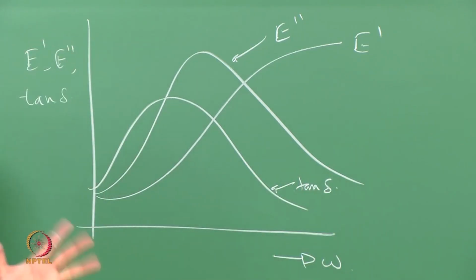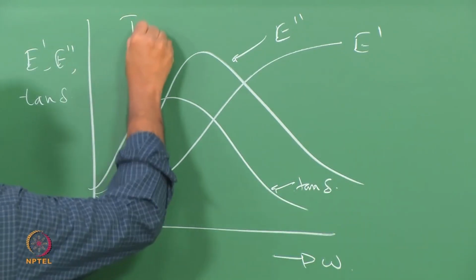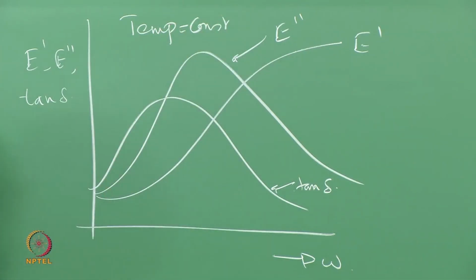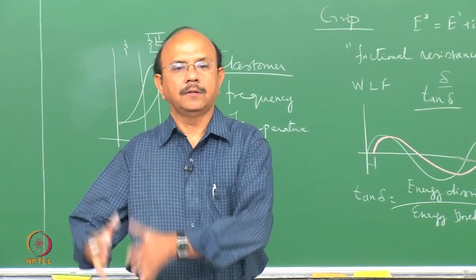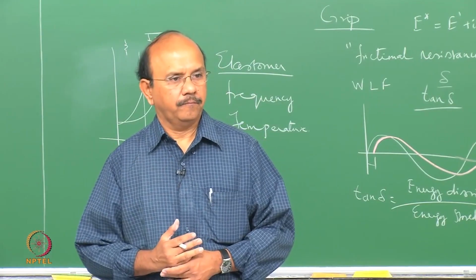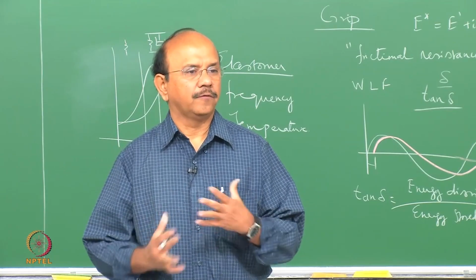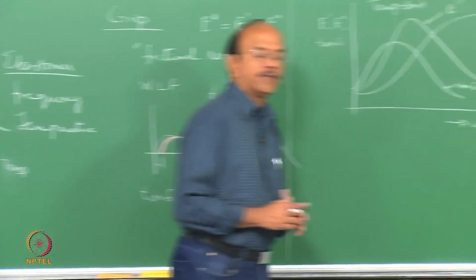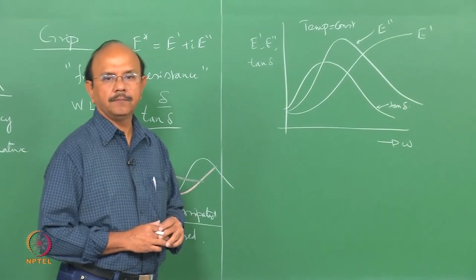This is at one temperature. So the temperature is constant here. If I want to determine this at any other temperature, it's not necessary that I have to keep on applying the same set of experiments. That's not necessary.